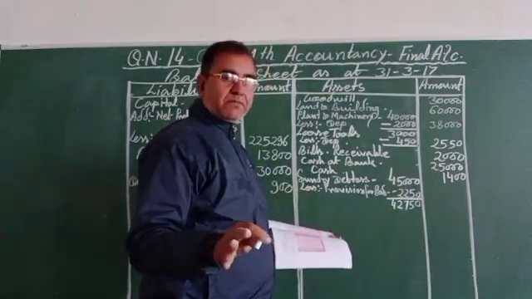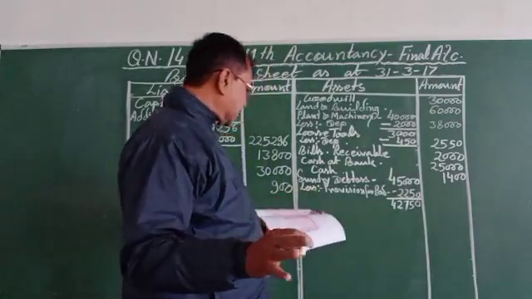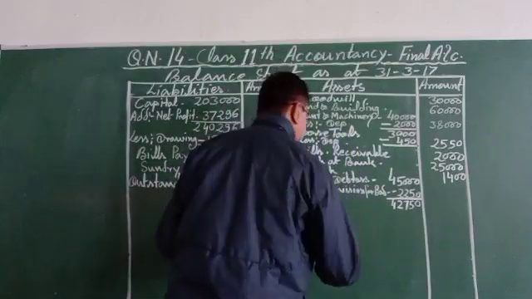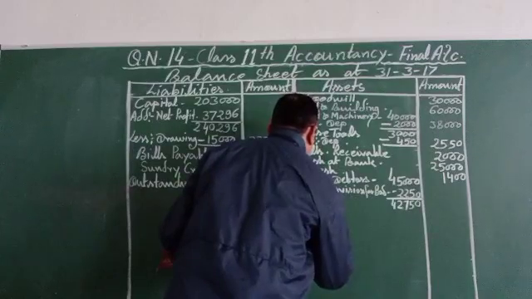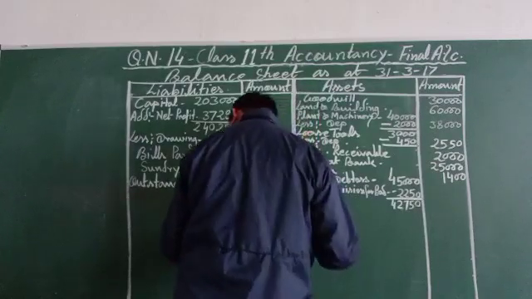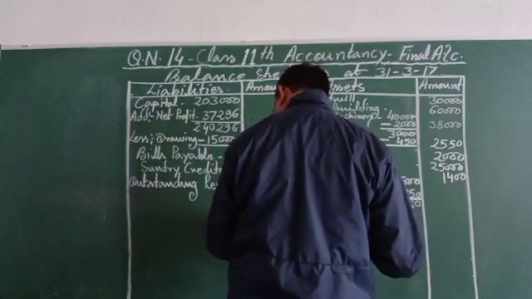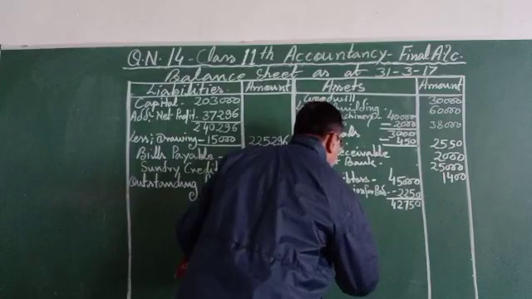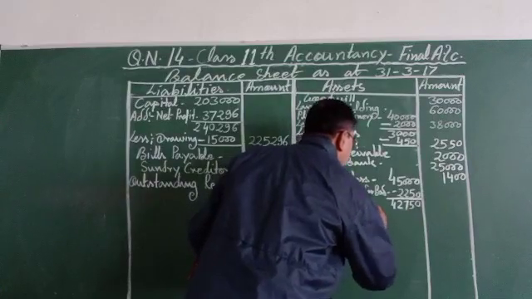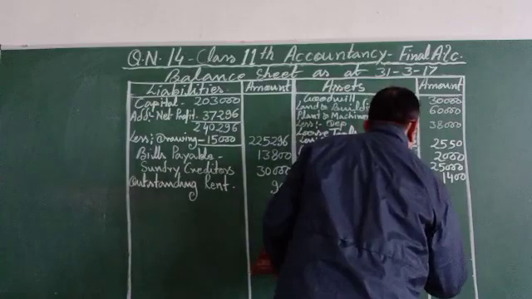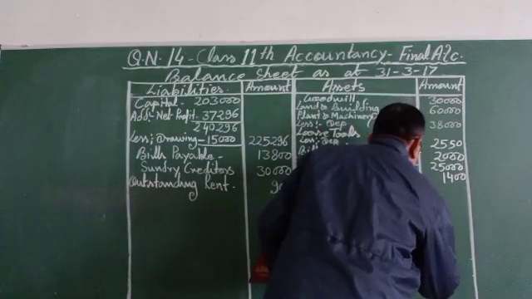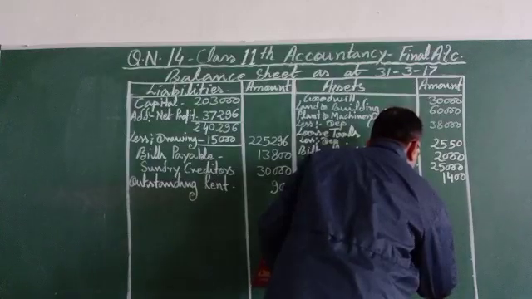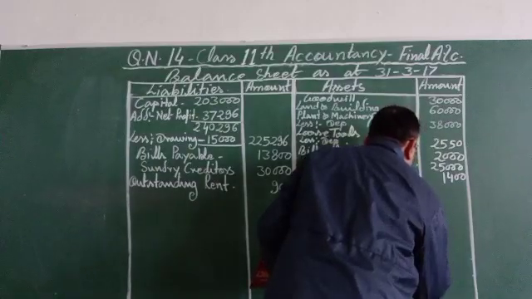Then the provision for discount at 2.5%, less discount. Provision for discount at 2.5% is 1,069.